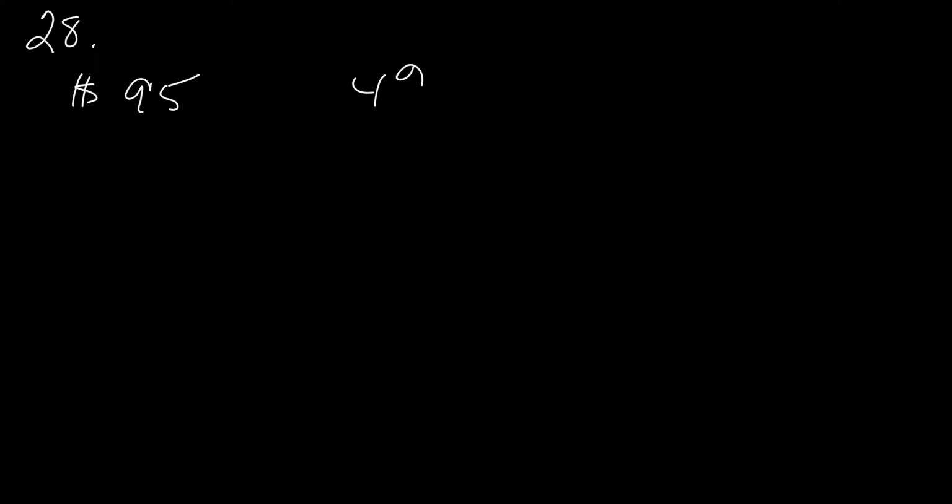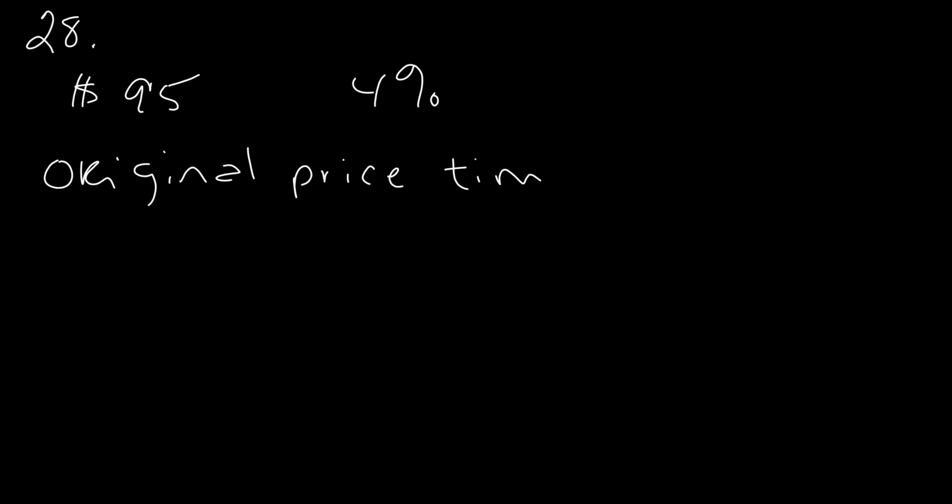4% tax rate. So what you're going to do on these problems, on your formula sheet, it says that the sales tax is the original price times the tax rate. So the original price here is $95. Tax rate is 4%.